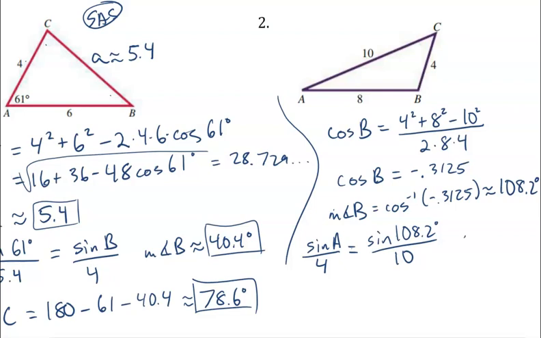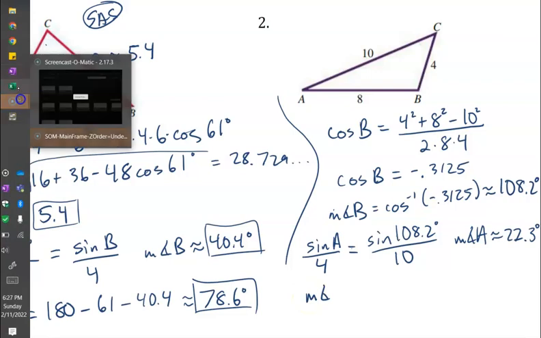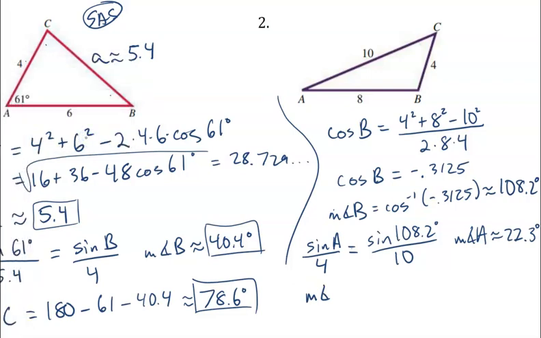When we solve this, we get that the measure of angle A is about 22.3 degrees, and then subtract from 180 to get the last angle, which is, what do we still need?